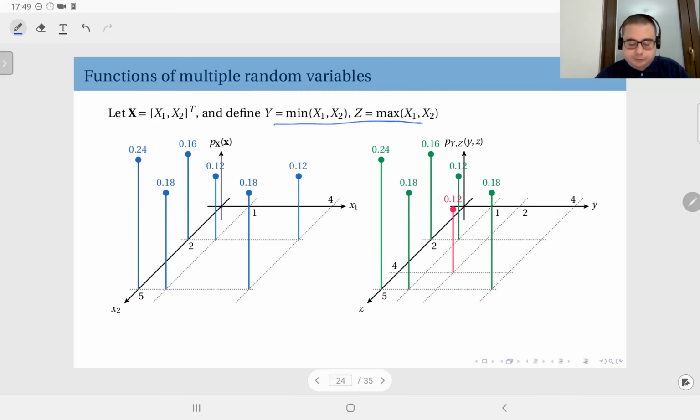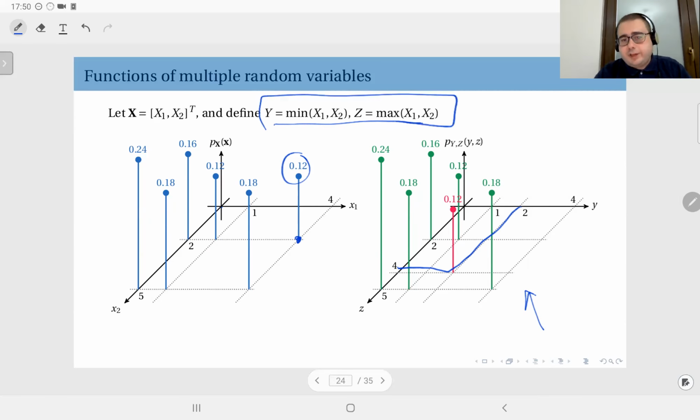For the same outcomes, we have the same distribution. But for this pair 4 and 2, where x1 is 4 and x2 is 2, the minimum is not x1 but x2, and the maximum is x1. So we will have this 0.12 probability, not at 4, 2, but at 2, 4. So this is the joint distribution of y and z defined through this function.